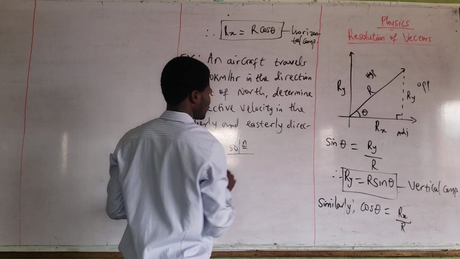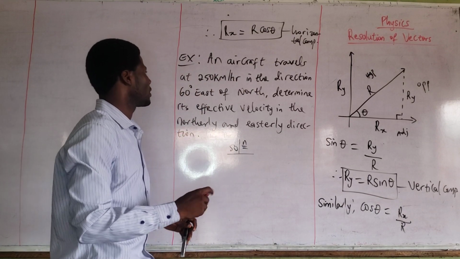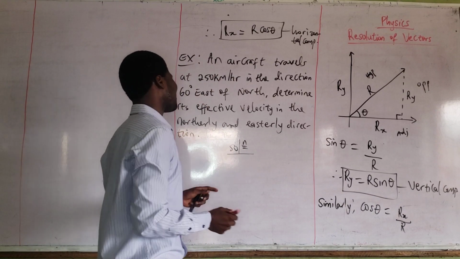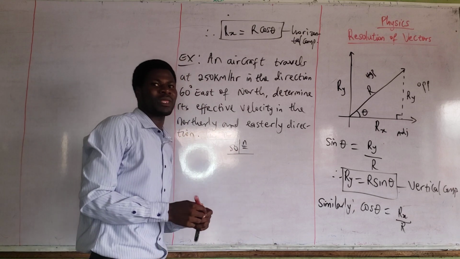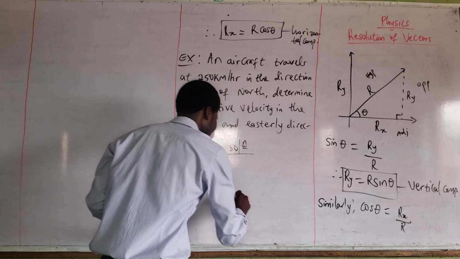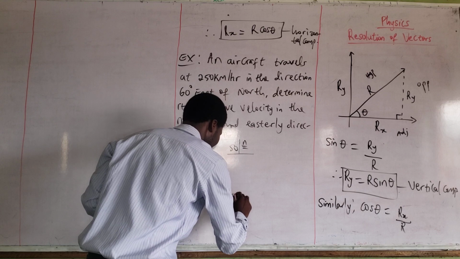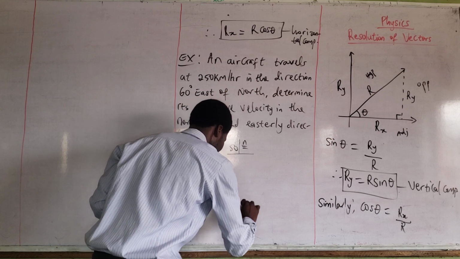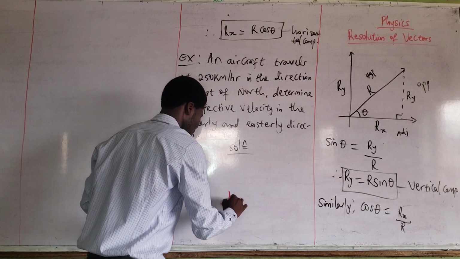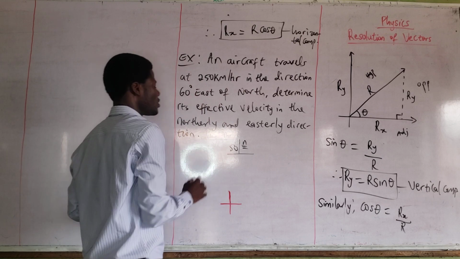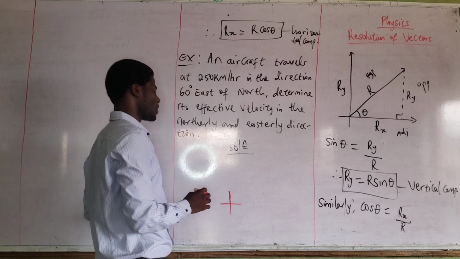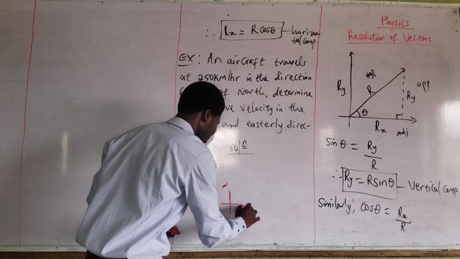Solution now. So the aircraft travels at 250 km per hour. Let's say the aircraft starts from here, this is the starting point. Then it travels north 60 degrees east. This is north, this is east.